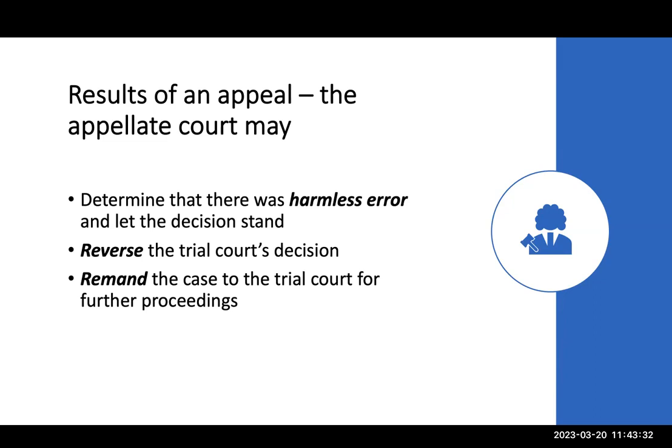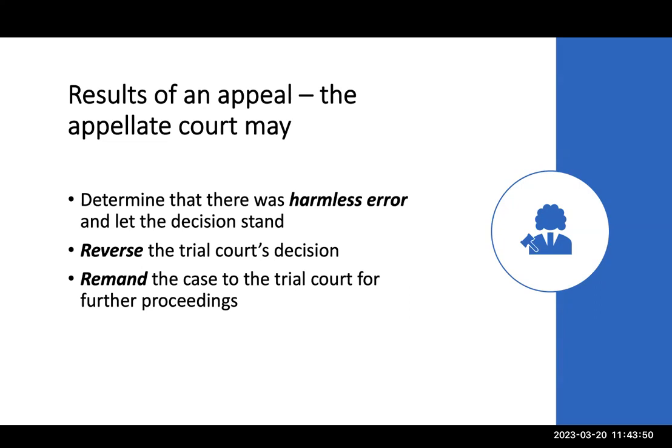The reversal can take place in two ways. One, which is rare, is an outright reversal. More common, if there is a holding of error, is that the case would be remanded to the trial court, that is, sent back to the trial court for further proceedings.